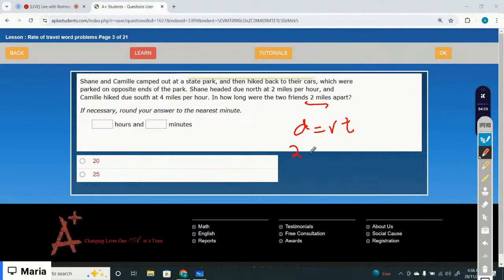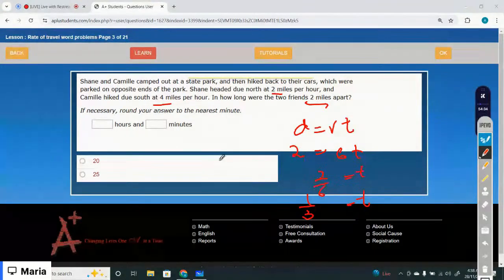D is 2 miles and R is 2 miles plus 4 miles, 6, over T. So T equals 2 over 6, that is 1 by 3, right? So multiply 1 by 3 times 60, which is 20. The correct option is 20 minutes.